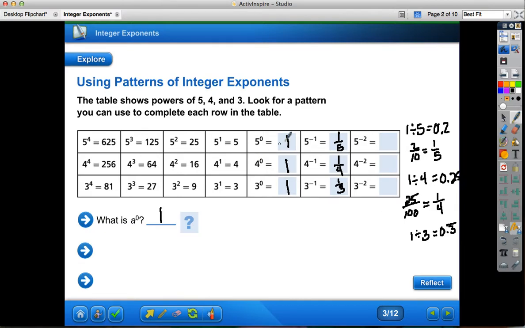So let's take a look then at 5 to the negative 2. If I take 1/5, and this part you don't need to write down. If you'd like to, it would probably be helpful for you, but it doesn't have to be. If I take 1/5 and I divide it by 5, I know that this turns into 1/5 times 1 over 5, which equals 1/25.